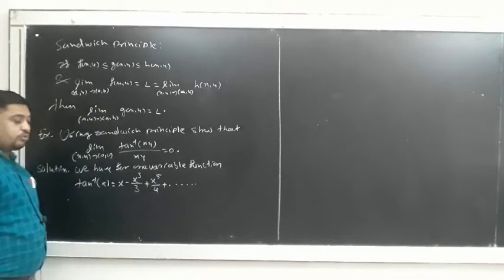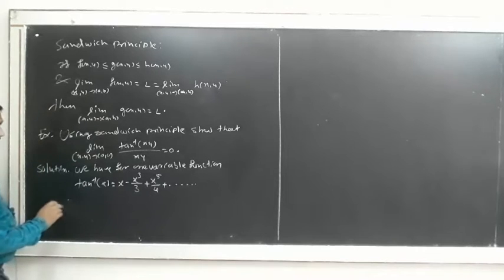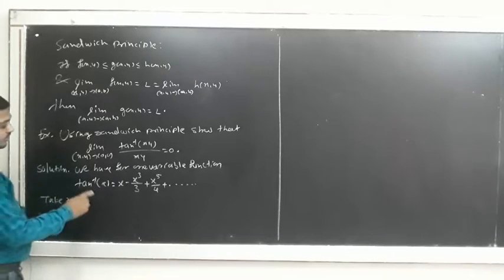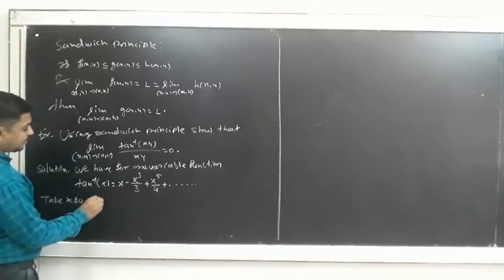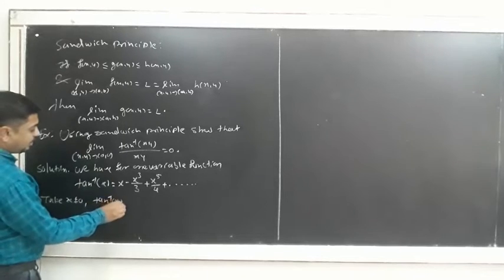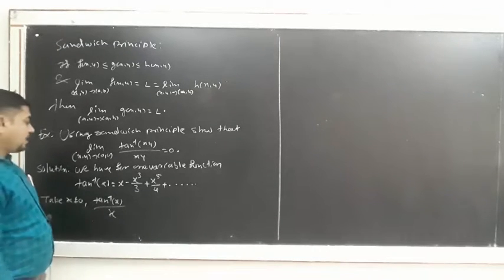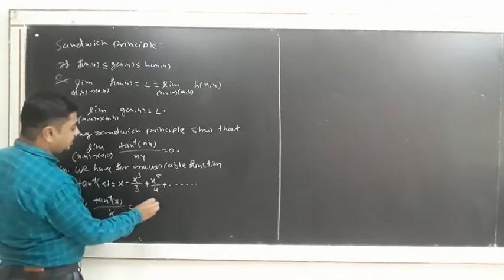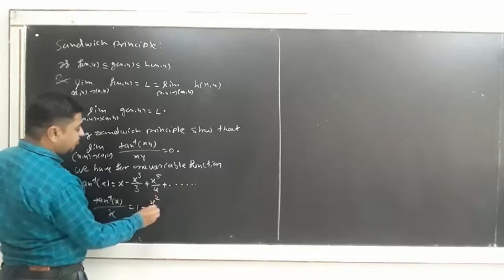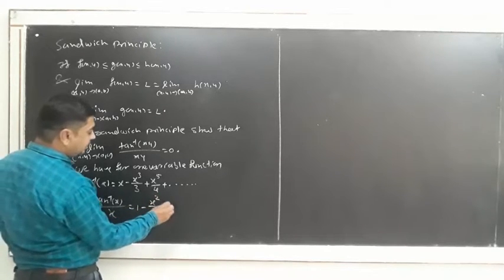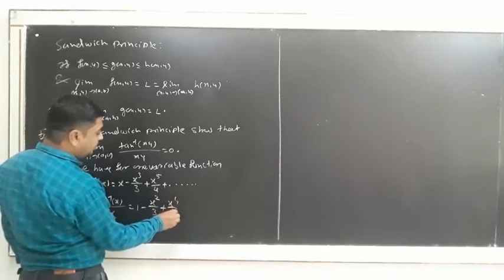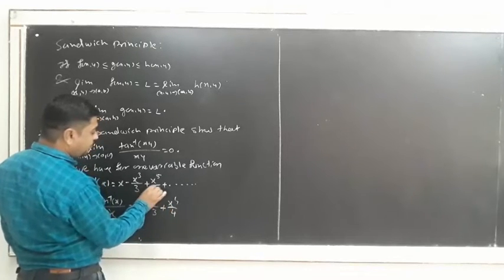Okay. So if we take x not equal to 0 and divide this series by x, we get 1 minus x square by 3 plus x raised to 4 by 5.